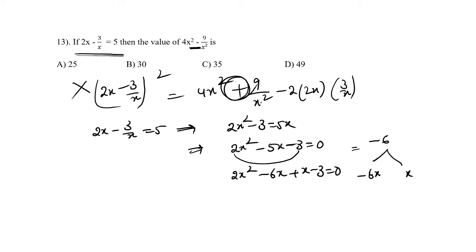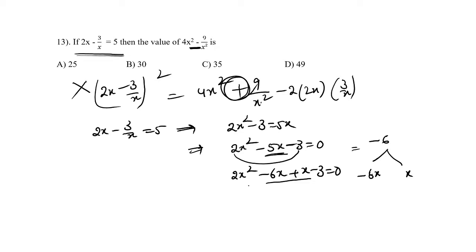Yes or no? Here in the middle there is a minus 5x. I wrote this minus 5x as minus 6x plus x, because 2x square into minus 3 means minus 6x square.